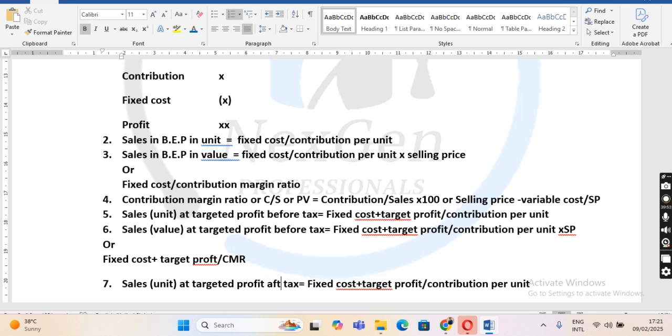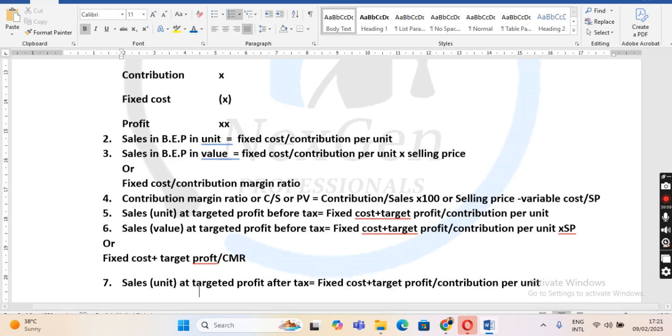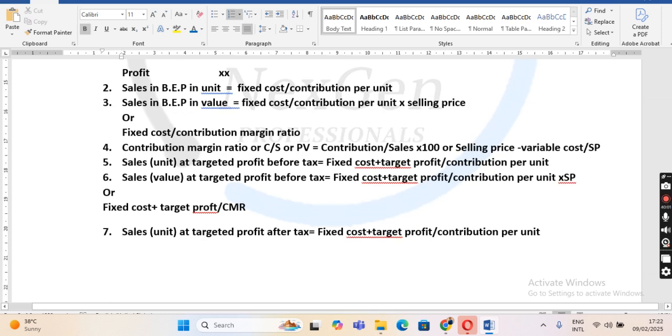The question will tell you what will be the sales in units if the company wants to achieve profit after tax of a certain percentage. So this is to tell you that you need to take consideration of tax. Now they say it's profit after tax.